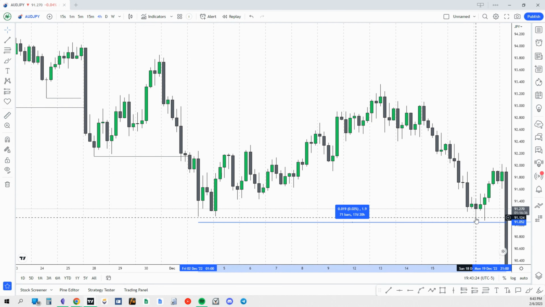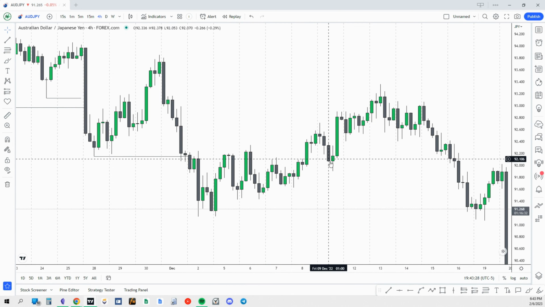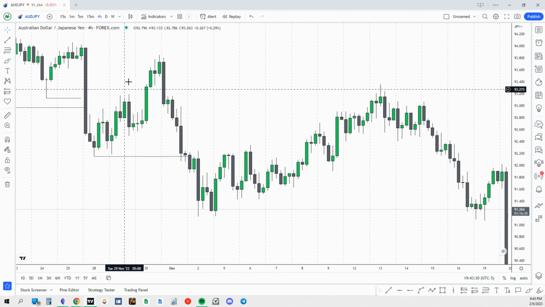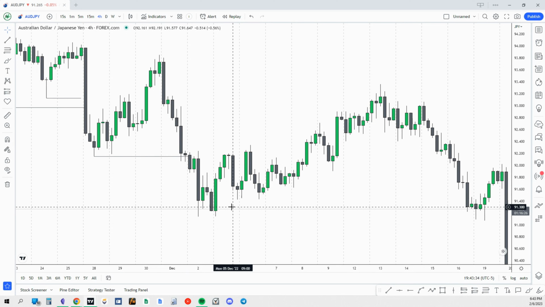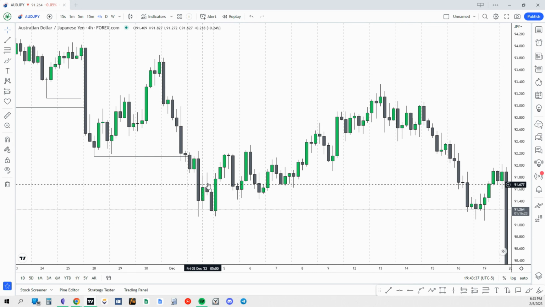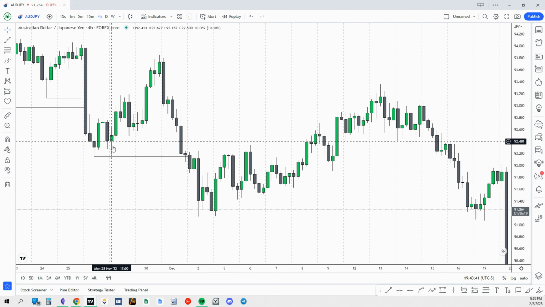So 18 days, 17 days, depending on where you measure it from. As you can see, it was pretty corrective and sloppy looking compared to the pro-trend move here, where it sold off very rapidly and quickly. I just want to show you that within this pullback there are also breaks of structure.